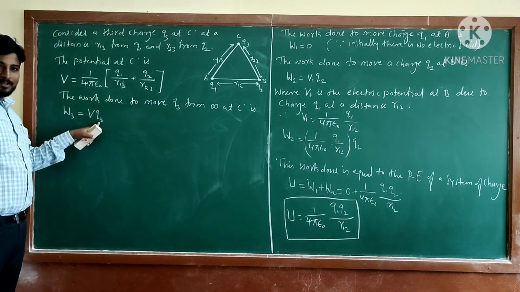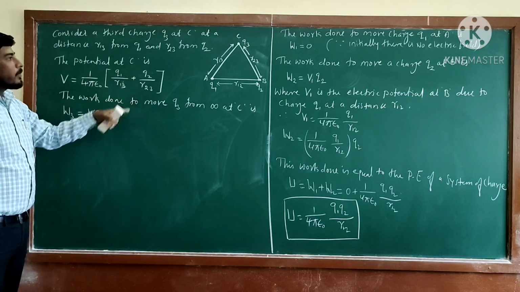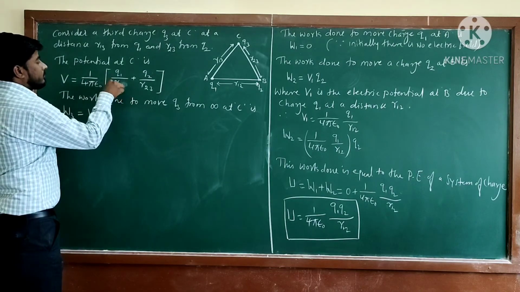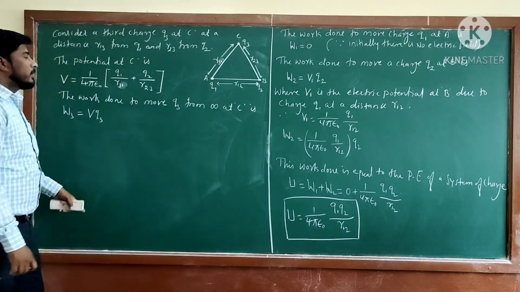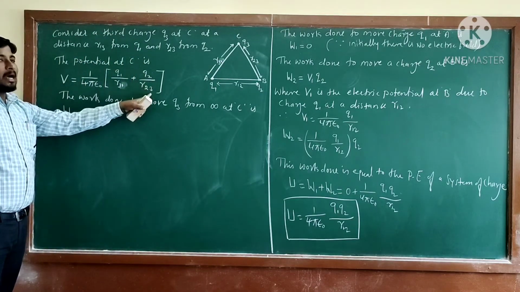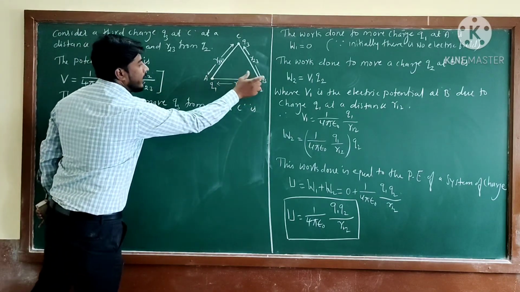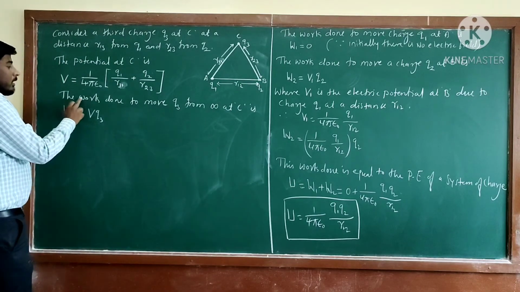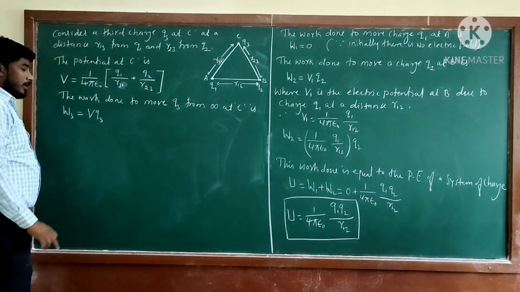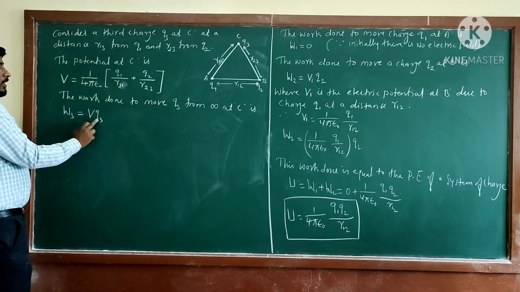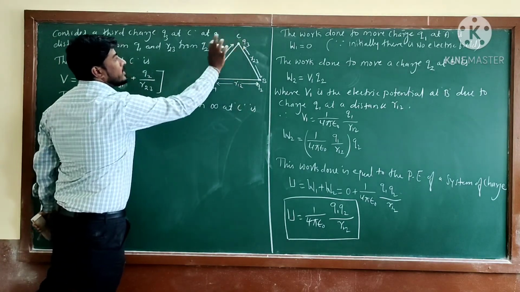V is the potential due to these two charges, Q1 divided by R13, or you can say R31, plus Q2 by R23. This is the potential due to these two charges, Q1 and Q2 at points A and B. Now, when I bring the charge Q3 from infinity to C, the work done is V into Q3, because V is the potential due to these two charges.